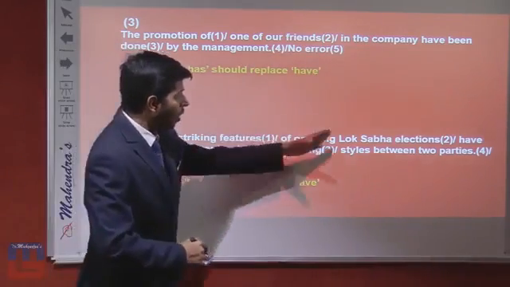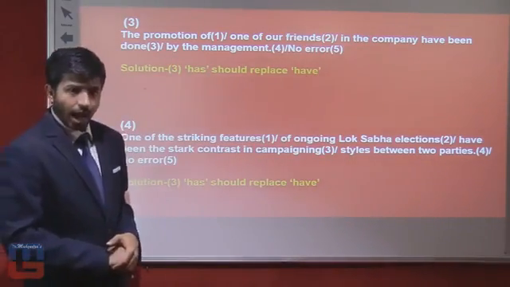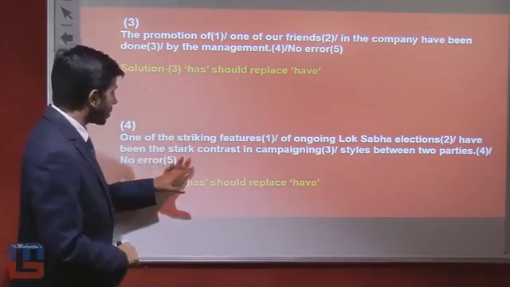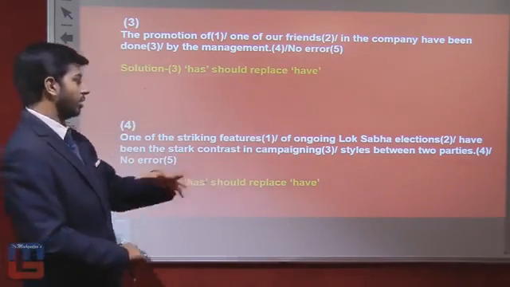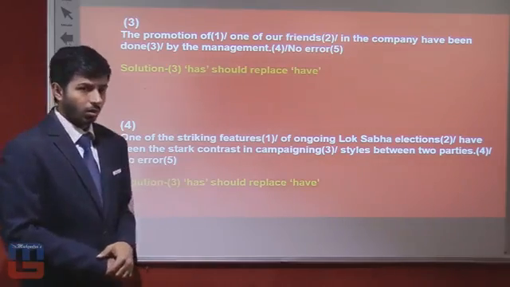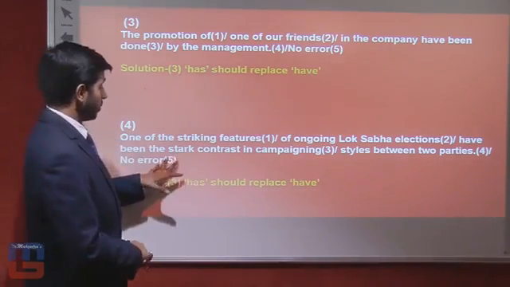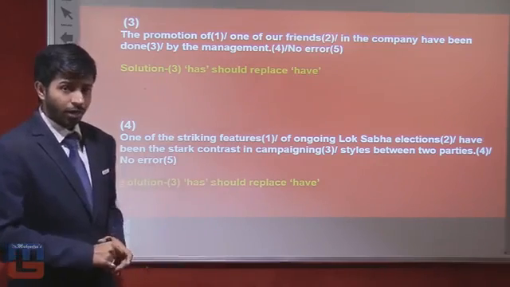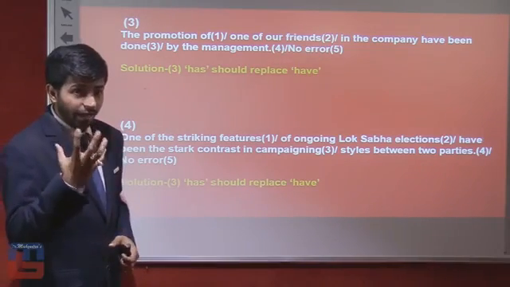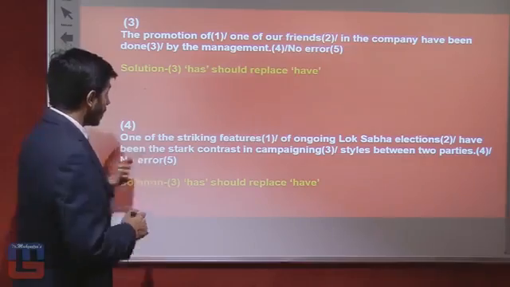Next: Of ongoing Lok Sabha elections have been a stark contrast in the campaigning styles between two parties. No error? Are you watching this video carefully? Do you have any idea how we can guess the error in the given sentence?